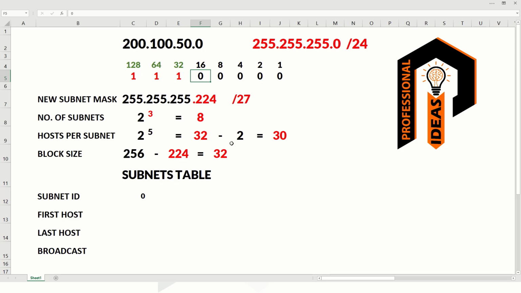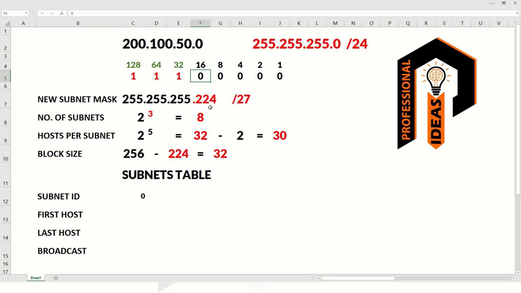So our valid hosts per subnet will be 32 minus 2 equals to 30. Step number 4 is to determine the block size of the subnetwork, that will be 256 minus 224 equals to 32. Note that the value of 224 is the value of last octet of new subnet mask.